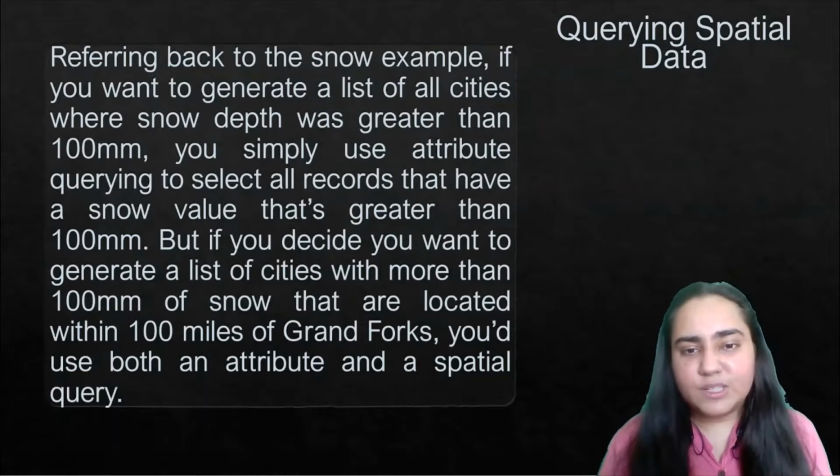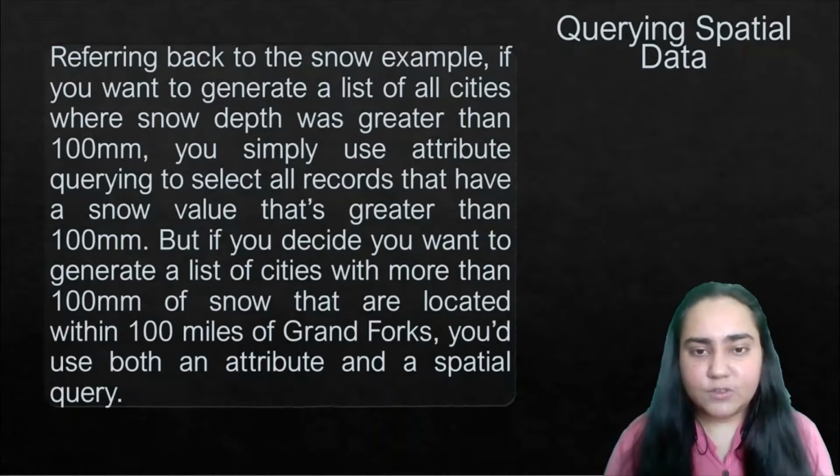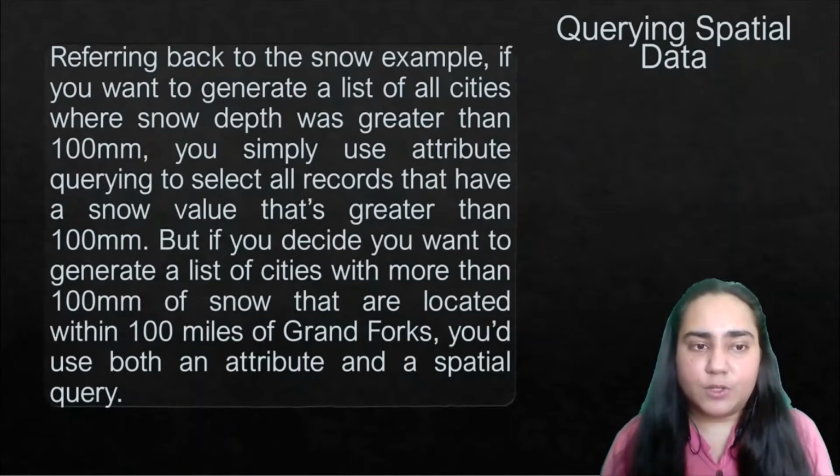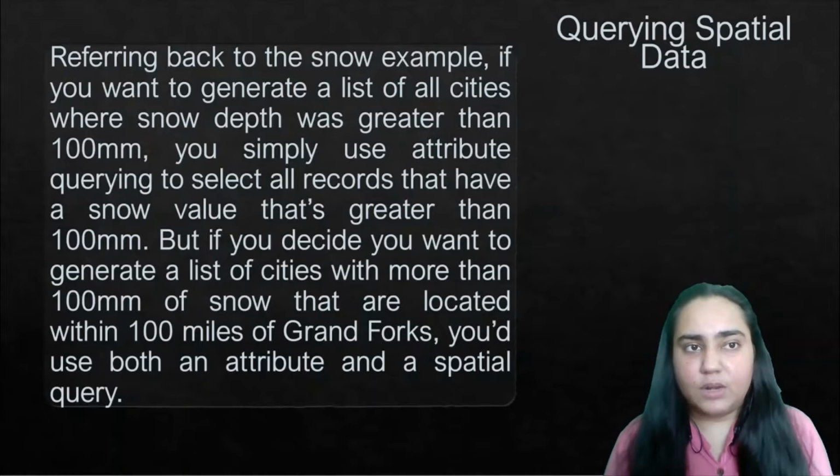But if you decide that you want to generate a list of cities with more than 100 millimeters of snow that are located within 100 miles of Grand Forks, which is the name of a place, then you'd use both attribute and spatial querying, because now it's not just about how much snow is there, it's also about in which area.